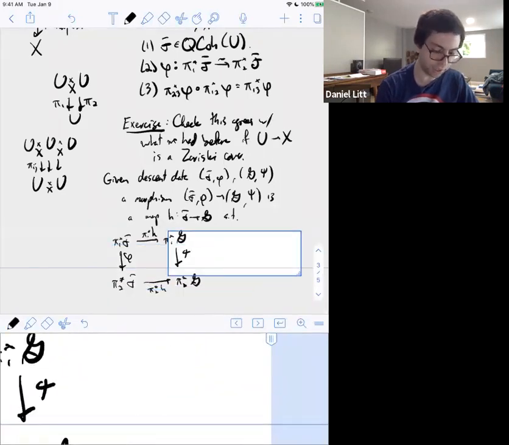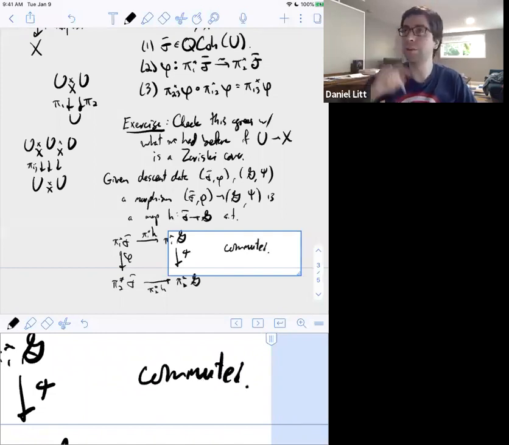What we want is this diagram to commute. Just like before, a morphism of descent data is a morphism of the objects we're trying to descend that commutes with the gluing data. Are there any questions about these definitions?